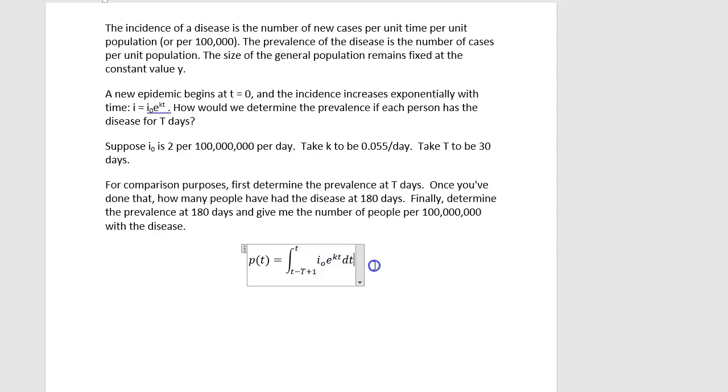This integral is really easy to do. All integrals of the form e to the kt dt integrate to 1 over k e to the kt.